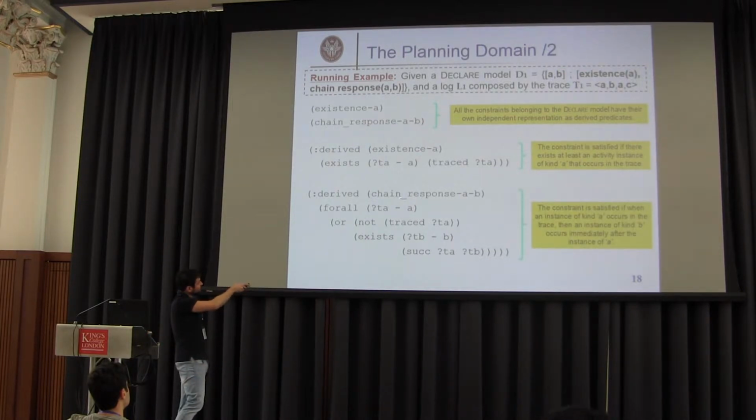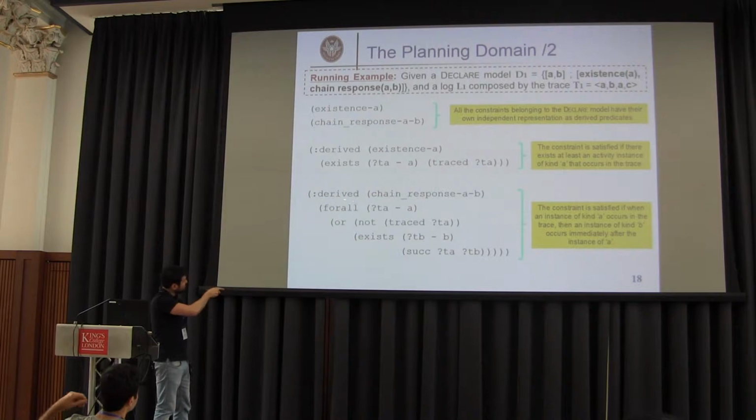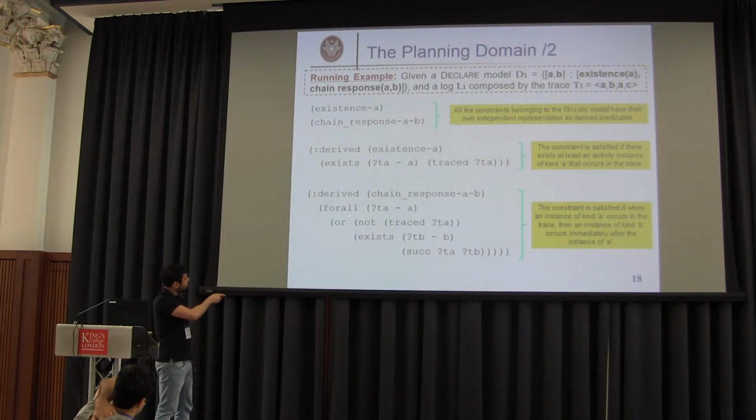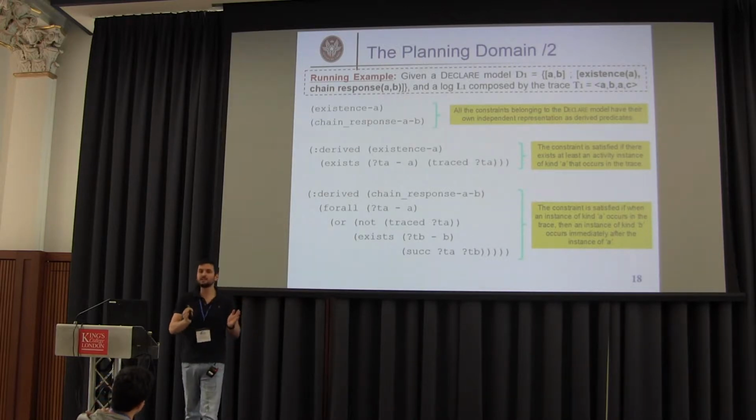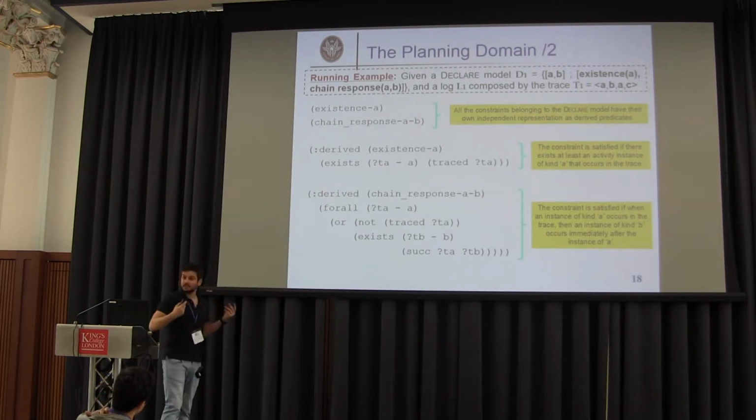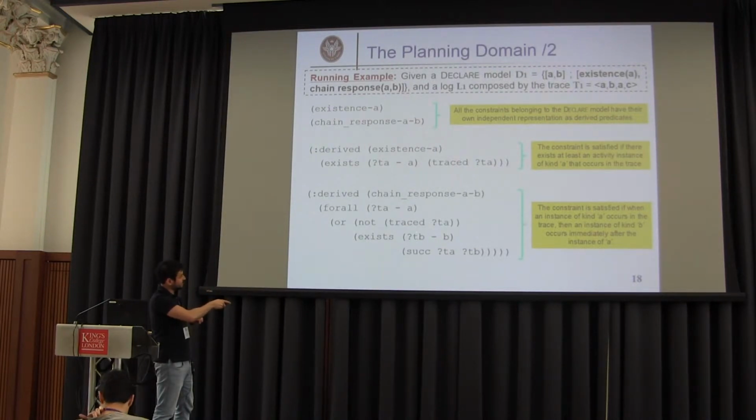The derived predicate for the chain response says that for any instance of kind A, this constraint is valid if that instance is not traced, because if there is no A in the trace, this constraint is already valid. Otherwise, it is valid if there exists another instance of kind B such that A precedes B.